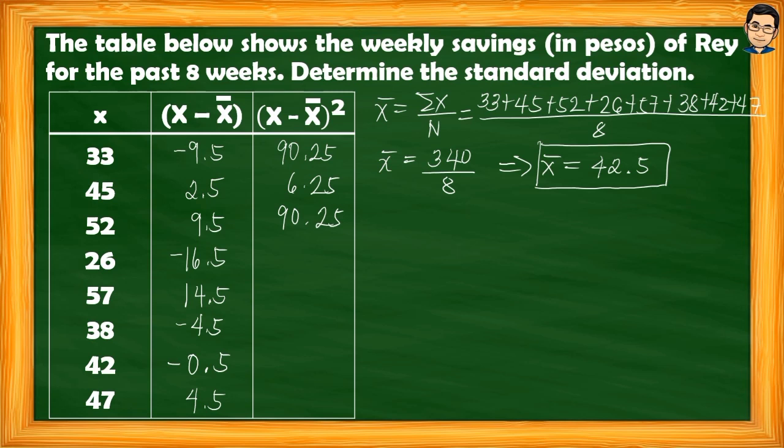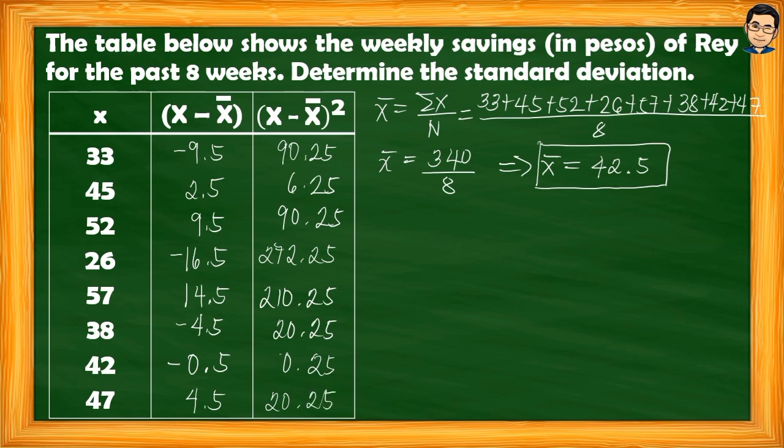And then 16.5 square, that is equal to 272.25. Next, 14.5 square, that is 210.25. Negative 4.5 square, that is positive 20.25. Negative 0.5 square, that is 0.25. And then finally, 4.5 square, that is also 20.25.